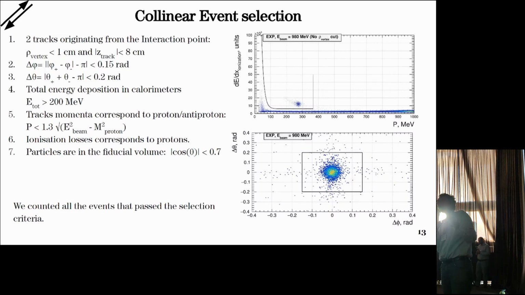And as I mentioned, we need collinear tracks. It's a cut on collinearity, delta phi and delta theta between the two tracks. After selection, we counted all events as signal events.